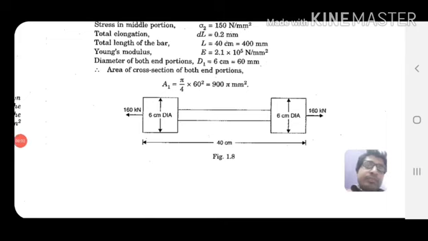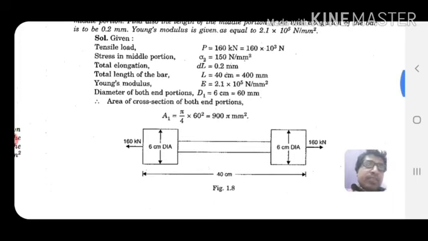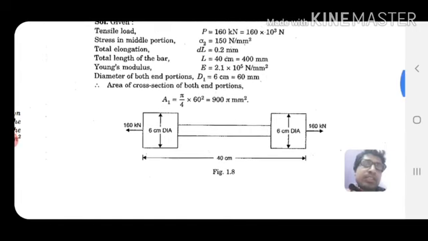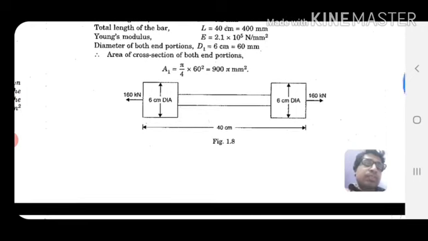Young's modulus, capital E, is equal to 2.1 into 10 to the power 5 Newton per millimeter square.